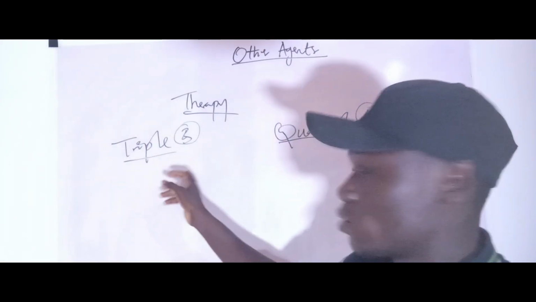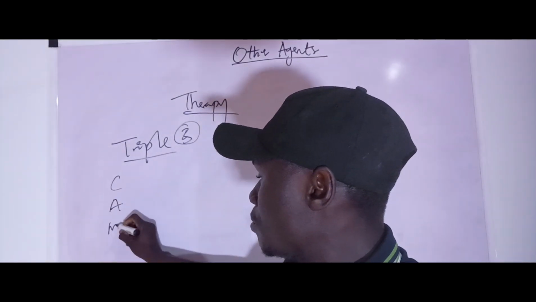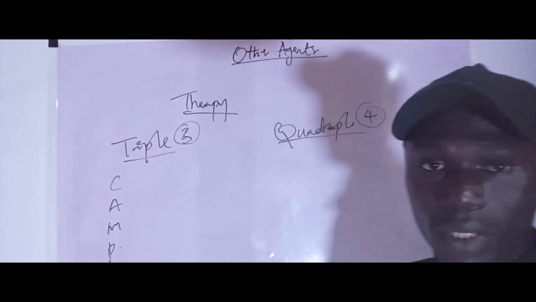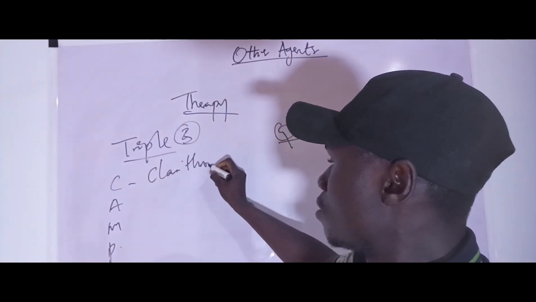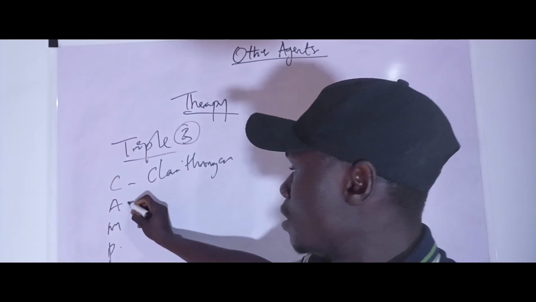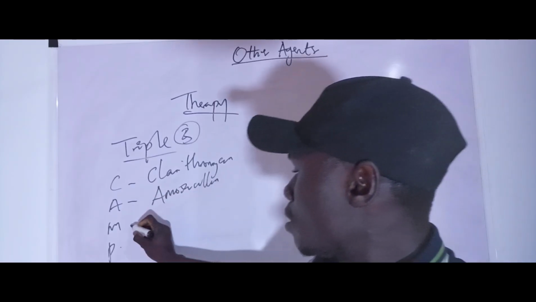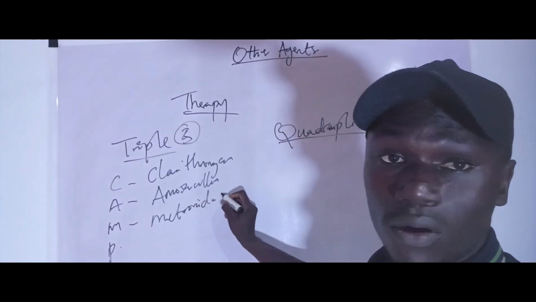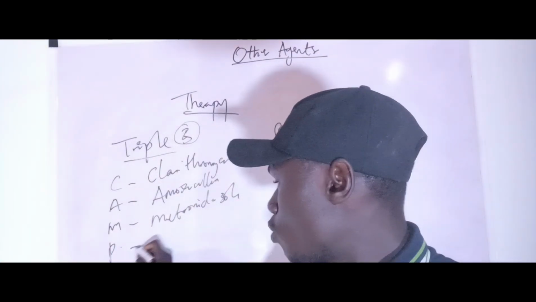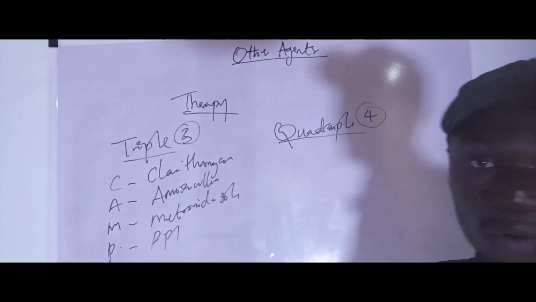C is for clarithromycin, A is amoxicillin, M is metronidazole, and P is a proton pump inhibitor. So this is for the triple therapy.